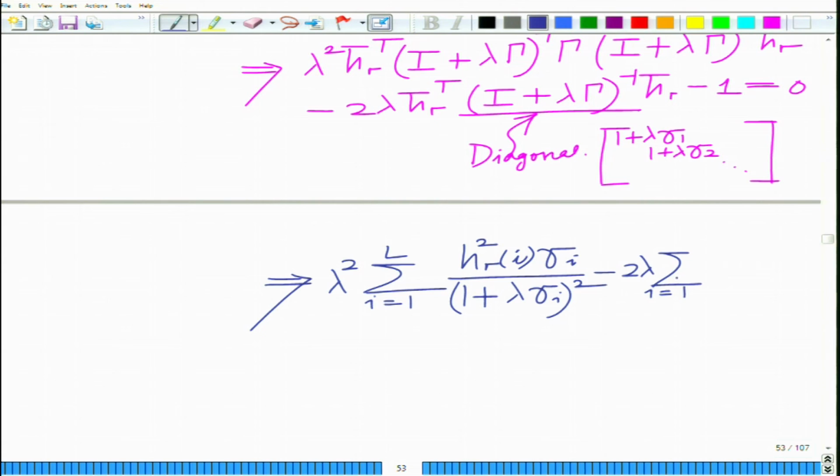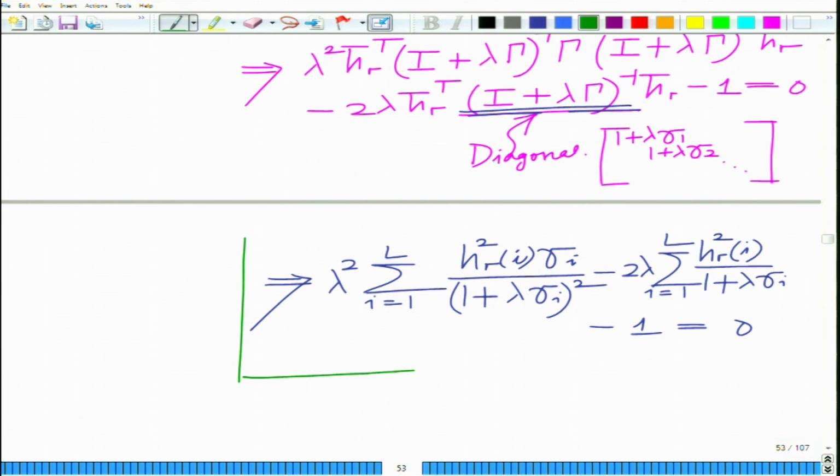lambda summation i equal to 1 to L, H R i square divided by 1 plus lambda gamma i. All these 1 plus lambda gamma i terms are coming from the I plus lambda gamma inverse. You can clearly see that, minus 1 equal to 0, and this is the equation for lambda.